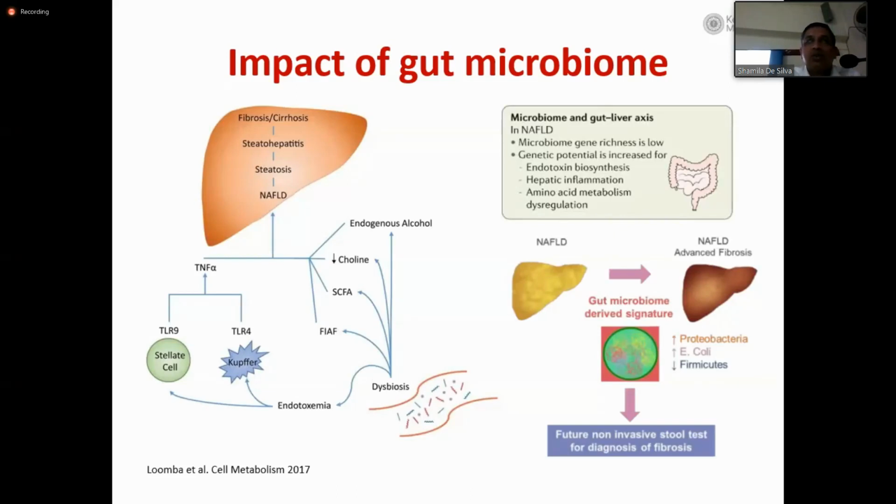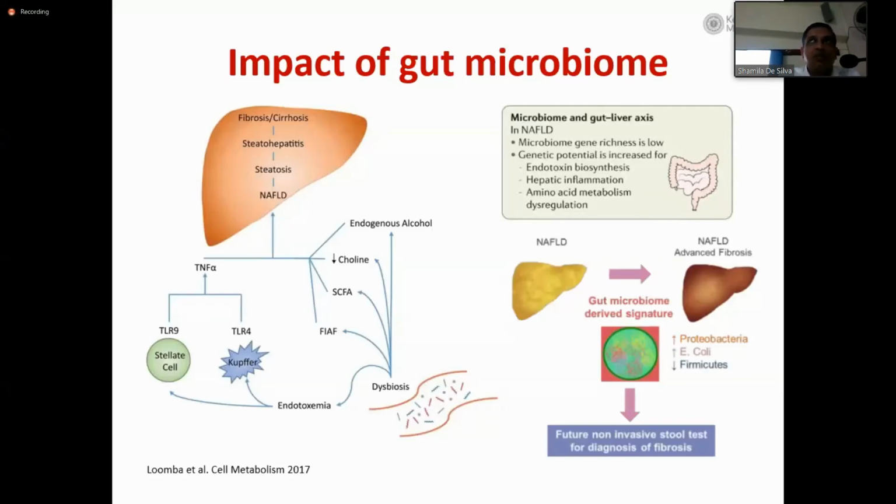Microbiome is also important because it gives us a signature for the patients who are more severely affected in this disease. When compared to simple steatosis, those who have advanced fibrosis will have an abnormal dysbiosis microbiome signature in the stool.